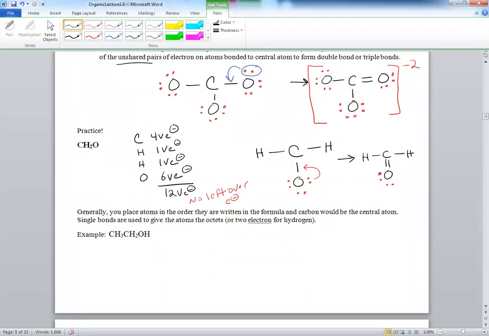what you should be doing is start writing this and attach again those atoms. So if you see here, this C attached to the 3 H's via single bonds.